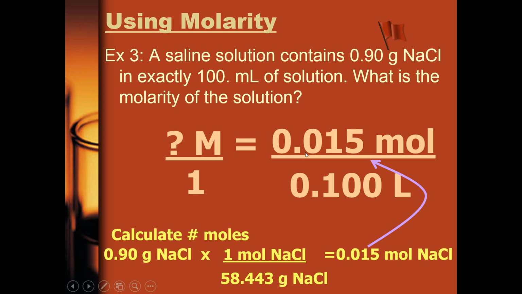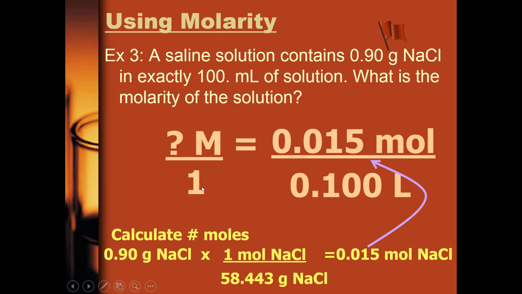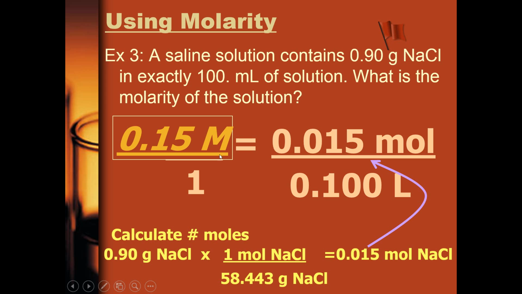We can just divide 0.015 divided by 0.1, and that gives us 0.15 molar. You could have also done cross multiplication to say 1 times 0.015 divided by 0.1, and that also gives us the same exact answer, 0.15 molar.